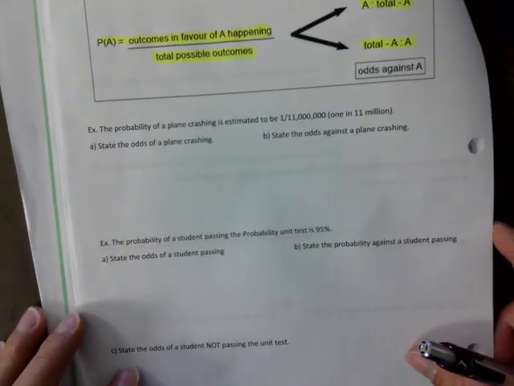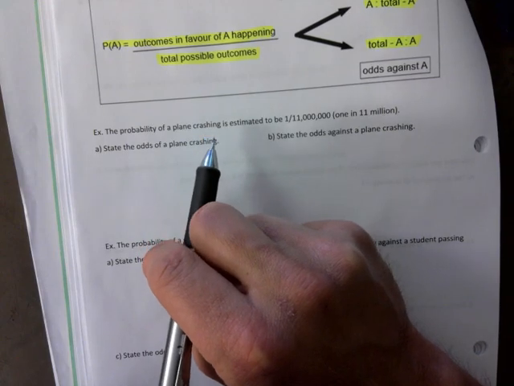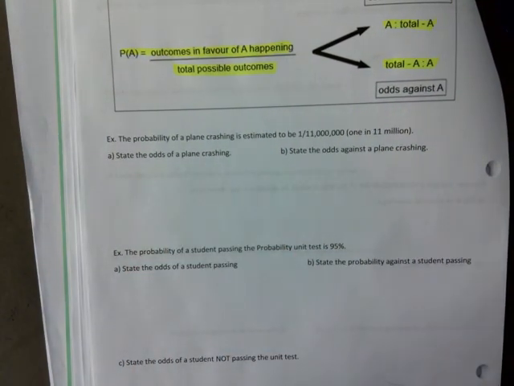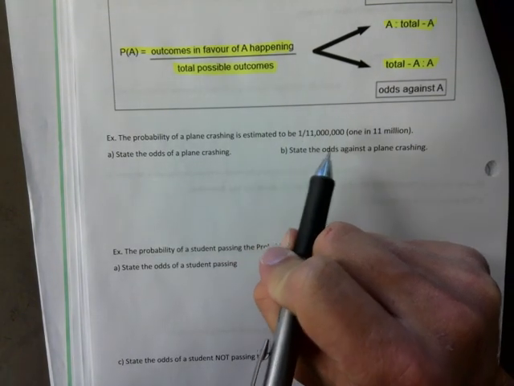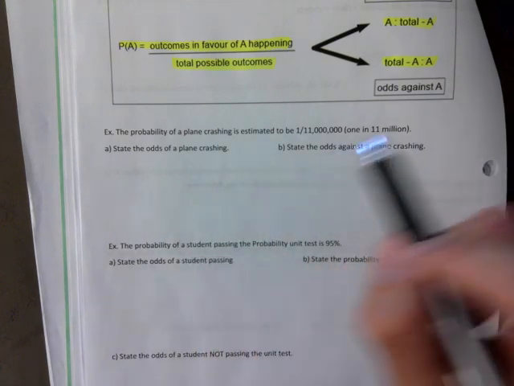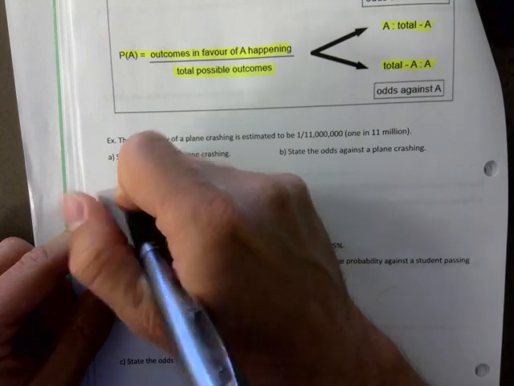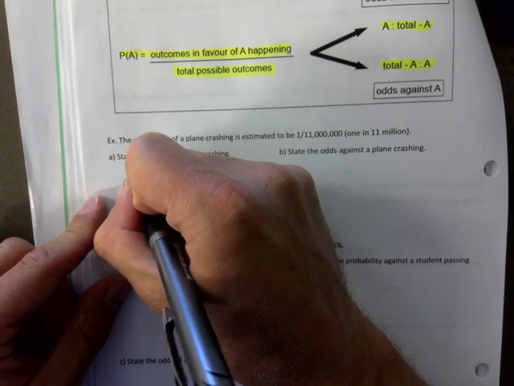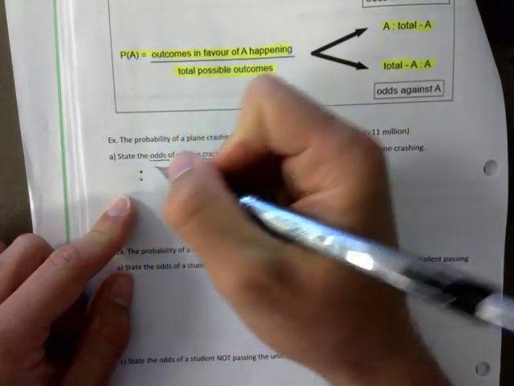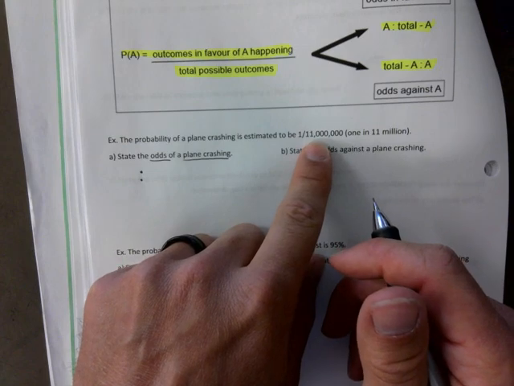Let's do a quick example here. The probability of a plane crashing is estimated to be 1 in 11 million. We want to state the odds of a plane crashing. Our first number should be the number of ways that a plane can crash.